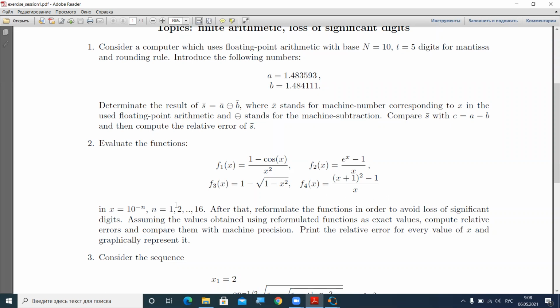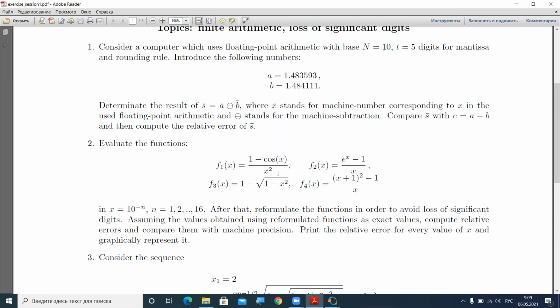And here the condition for this example is that x and n are given, n from 1 till 16, and x is 10 to the power of minus n, and we have this function f3, for example.